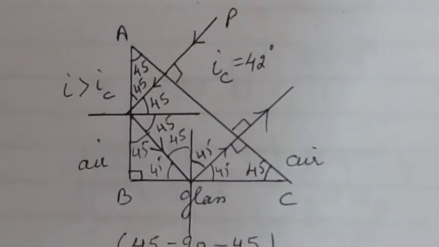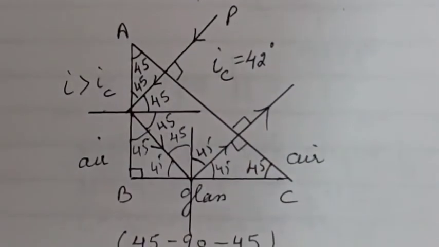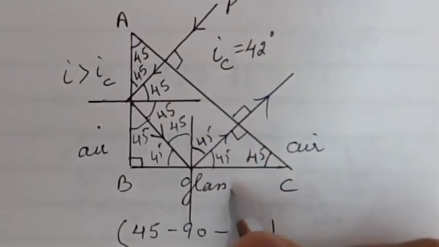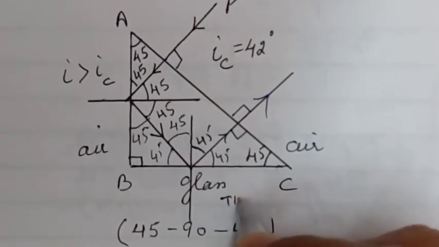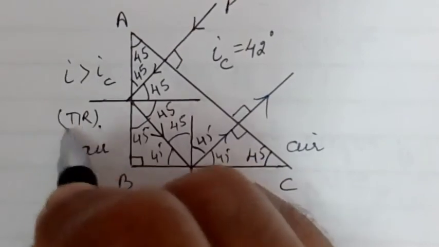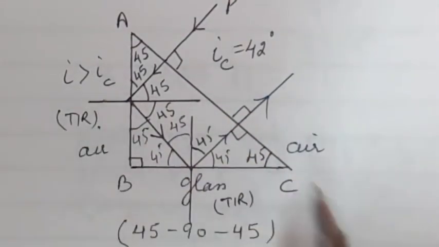So all the angles should be very carefully marked and arrows should be drawn and reasons given. Here also we say TIR. Which phenomenon occurs on BC? Total internal reflection of light. On AC, TIR. Here also TIR.